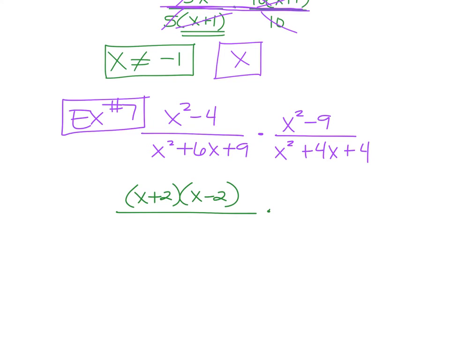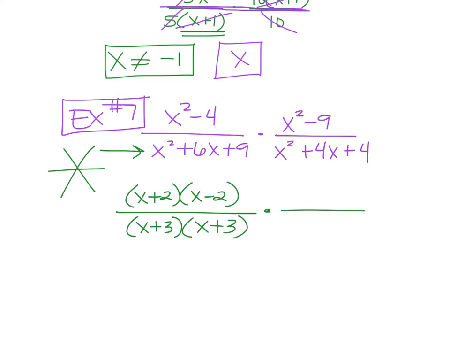On bottom, how does x squared plus 6x plus 9 factor? And if you want to set it up in star method, go for it. If you can do it in your head, x plus 3 and x plus 3, right? Okay, so that's your left side.